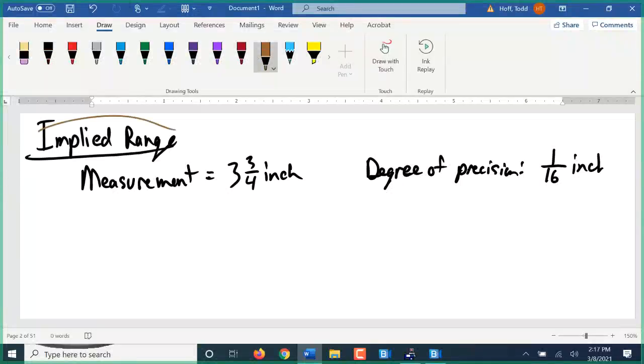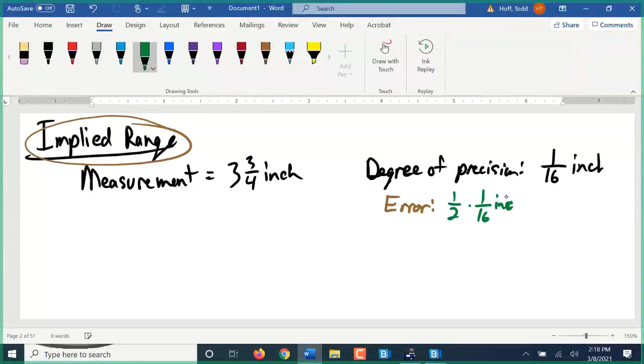Find that implied range. Well, the first thing I have to find is that possible error. That error will be 1/2 times our degree of precision. 1/2 times the 1/16 of an inch is plus or minus a 32nd of an inch.